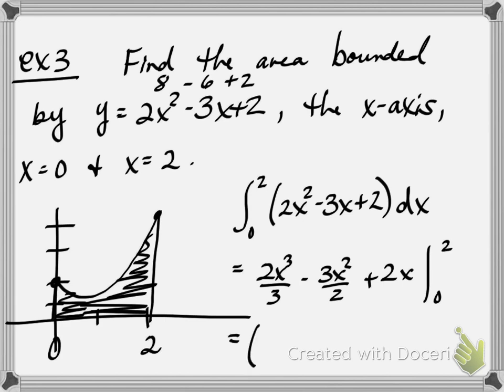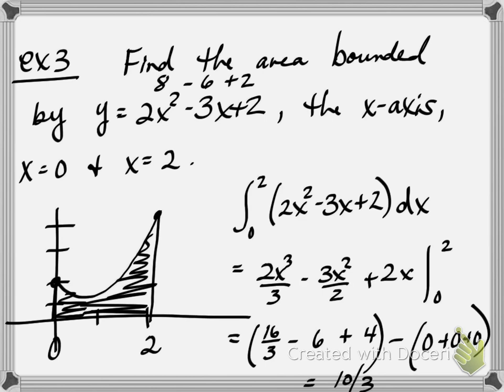So plug in a 2, 8 times 2 is 16 thirds, minus 4 times 3 is 12 over 2, which is 6, plus 2 times 2, minus, plug a 0 into all that, 0 and 0 and 0, and you get negative 2, which is negative 6 thirds, so I think you get 10 thirds as your area.